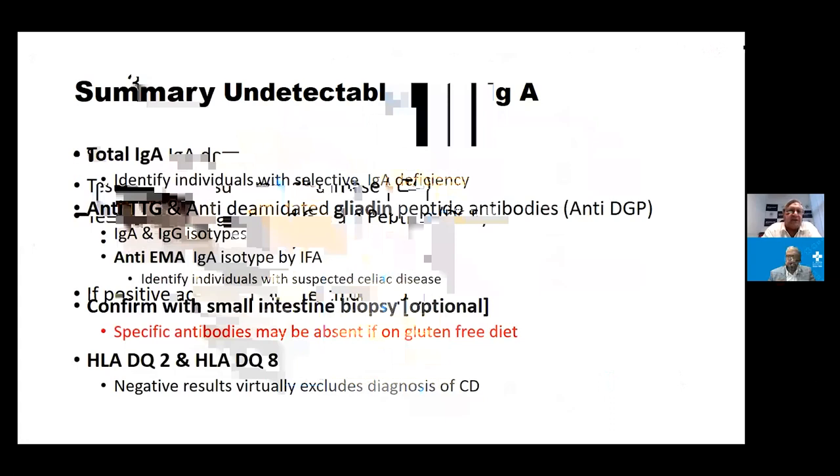In summary, total IgA is the first test we should do, because it will identify individuals with selective IgA deficiency, which is very common in persons with celiac disease. Then we should do anti-TTG and anti-deamidated gliadin peptide antibodies.